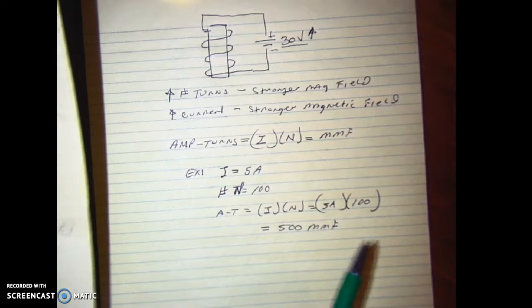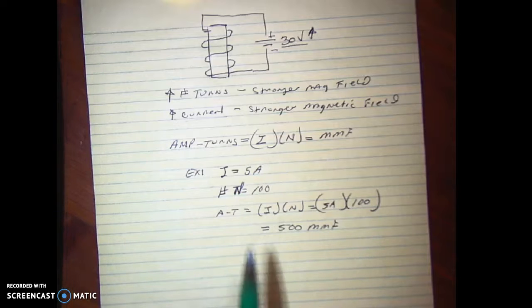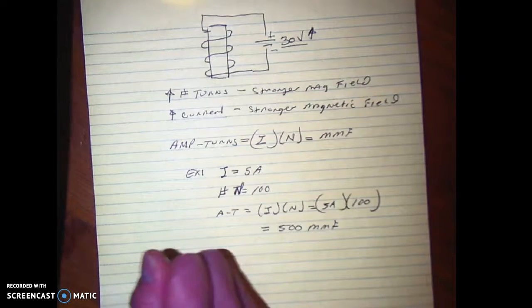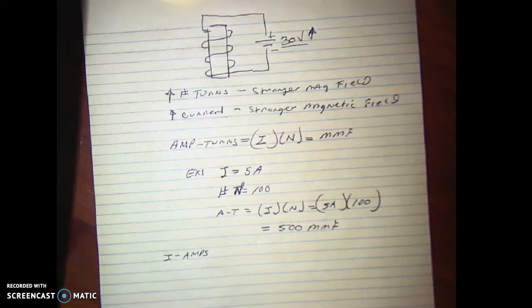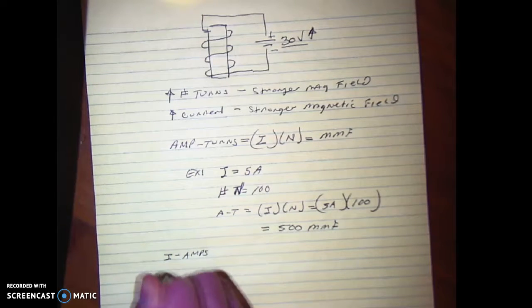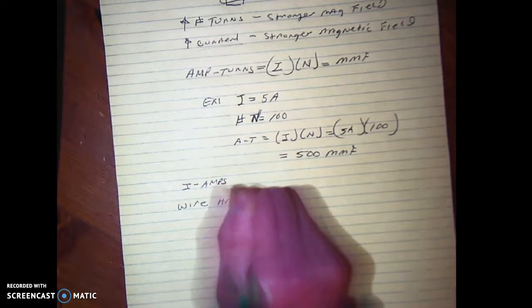So when we look at the current itself, we know what's going to affect current. I is in amps, and we know that a wire has resistance.